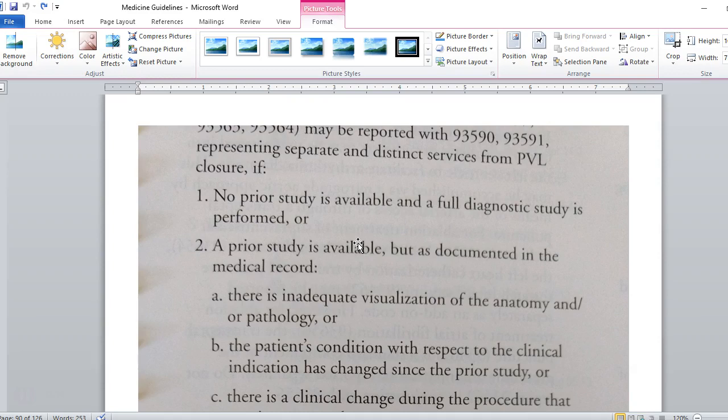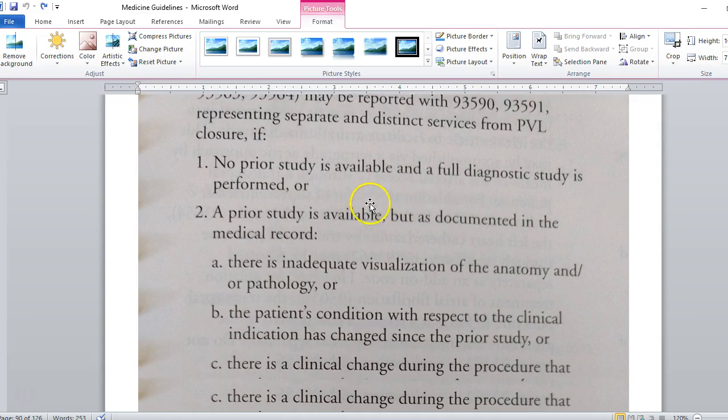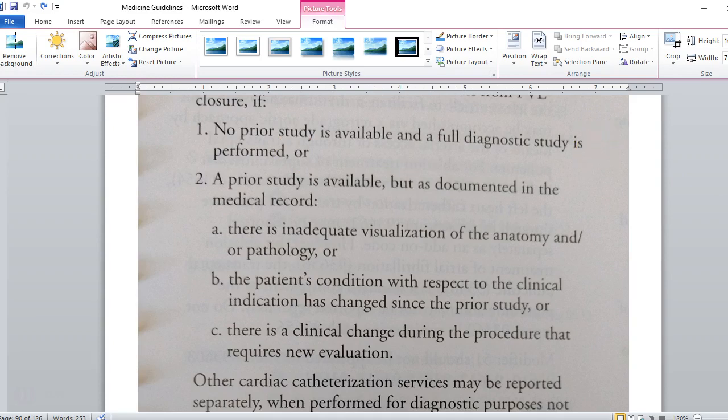So the only time we can code for an angiography is if the patient fits into one of these scenarios: there's no prior study; the prior study is available, but there is inadequate visualization, the patient's condition has changed, or there is a clinical change during the procedure. So again, we keep seeing the same guidelines for our arteriographies and our venographies.